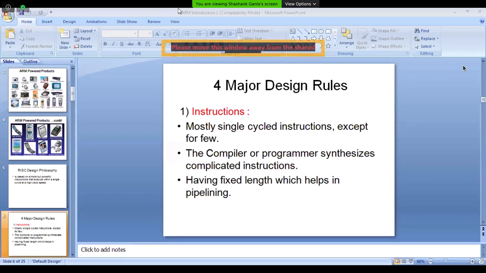That means in the third clock cycle, 3 parallel activities are taking place: the first instruction is being executed, the second is being decoded, and the third is being fetched.